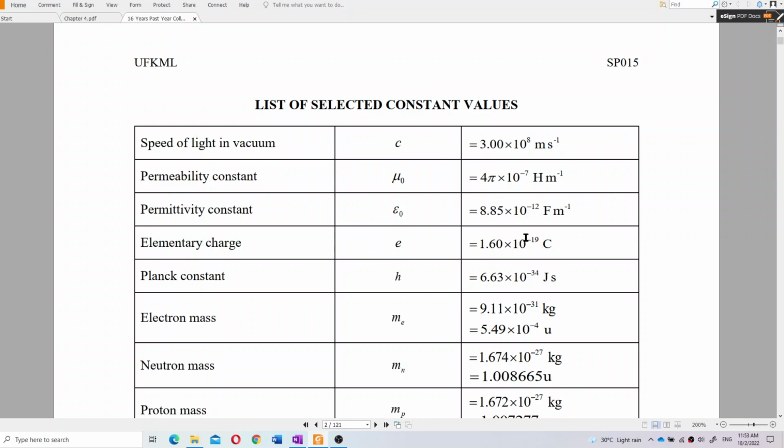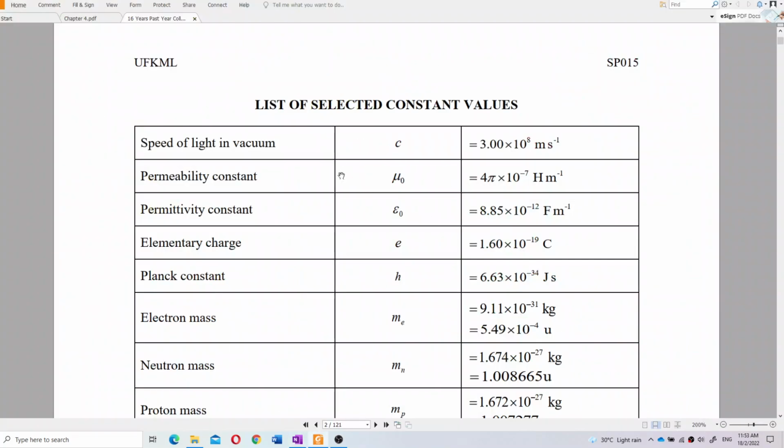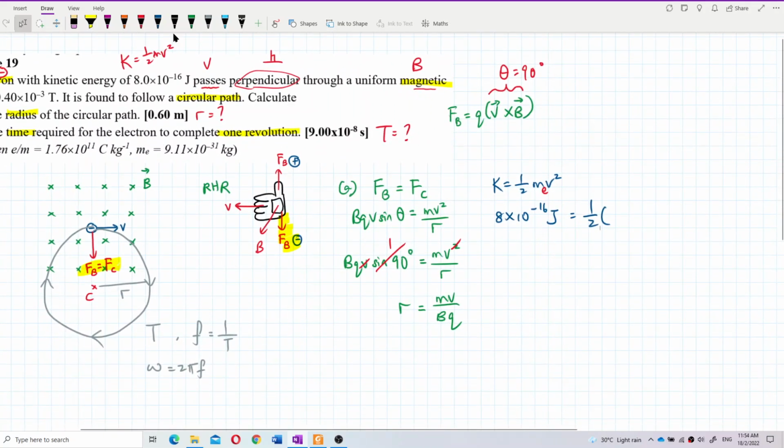If the question didn't provide, never mind. Just use the value given: mass of electron 9.11 exponent negative 31 kilogram.